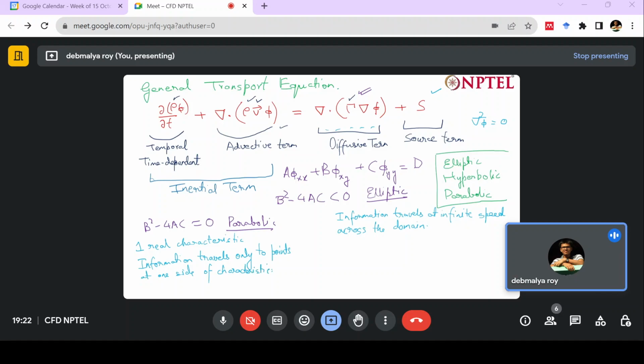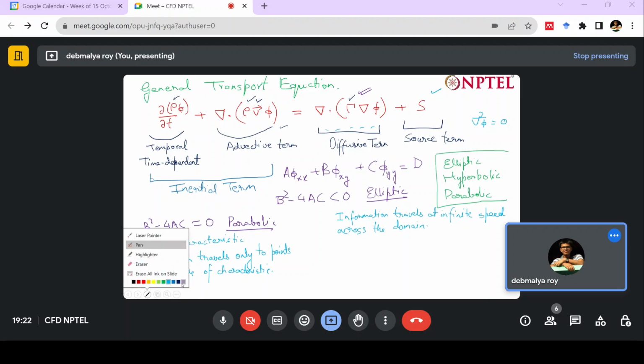The characteristic is basically a curve in the domain. It divides the domain into two parts. In these two parts, one side will have the information, the other side will not have the information. So where does this come from?